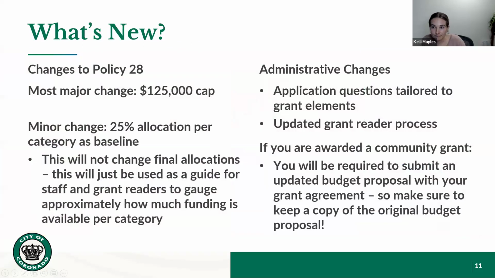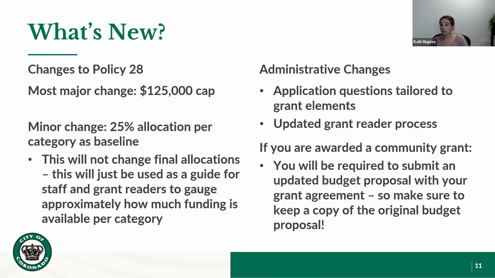So now, going into what's new for the grant program this year. By and large, the grant program is pretty much the same as last year with a few minor changes. The first change that the City Council approved on February 6th was a new cap at $125,000.